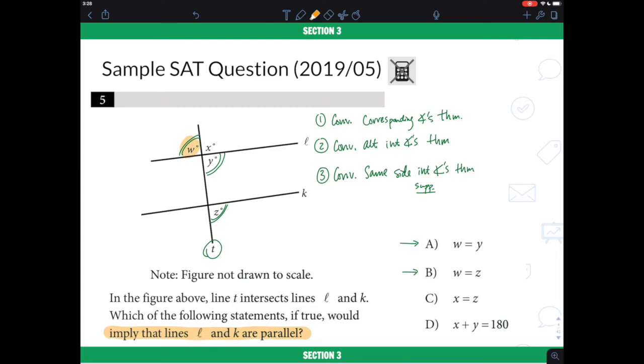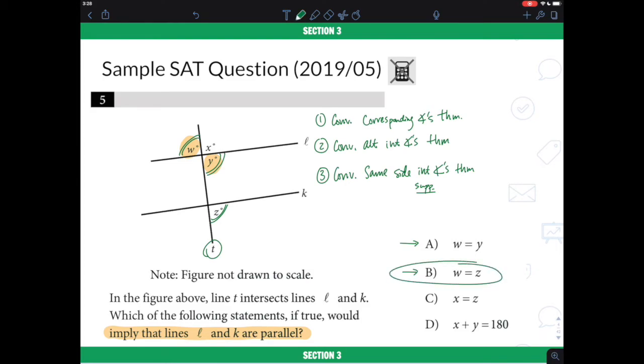If you just think, oh yeah, W and Y are the same, that only shows you that there are two straight lines vertically across. It doesn't provide any kind of support that the two lines are parallel. So it is very important that you draw angle Z into the discussion. That's why the answer must be B.